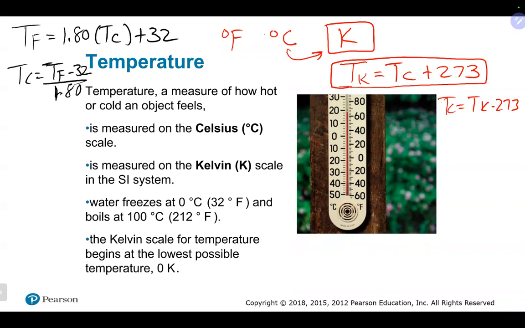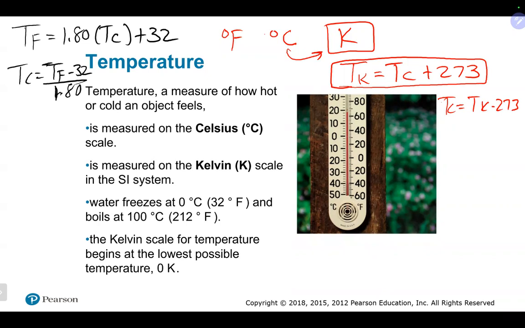The 1.8 is maybe something you might have learned when we were younger. It's like 9/5, a fraction type of deal. So it's the same idea. I would say probably outside of chapter 2, you probably won't see Fahrenheit anywhere. And most of the time, you'll be doing the Celsius to Kelvin conversion.